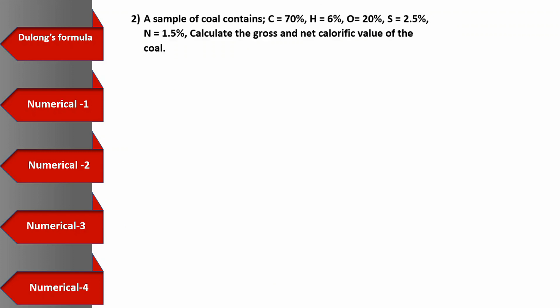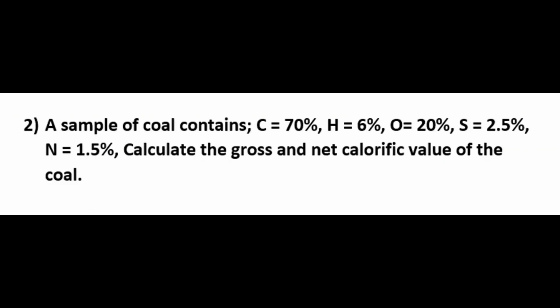Then the second numerical. A sample of coal contains carbon 70%, hydrogen 6%, oxygen 20%, sulfur 2.5%, nitrogen 1.5%. Calculate the gross and net calorific value of the whole sample.